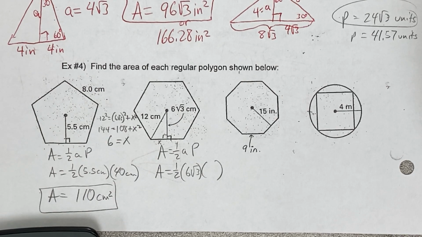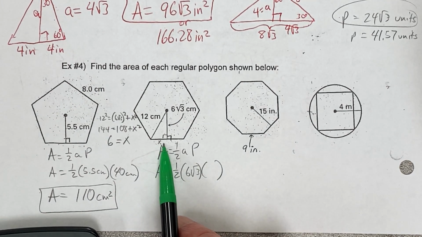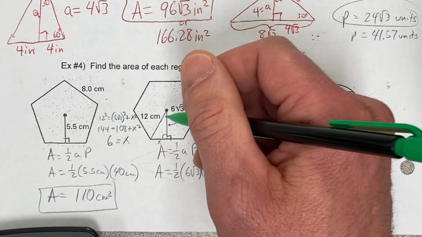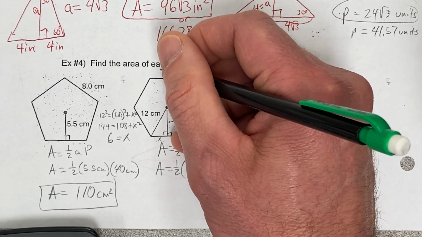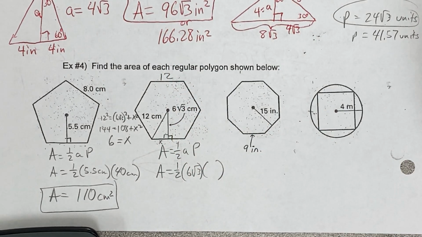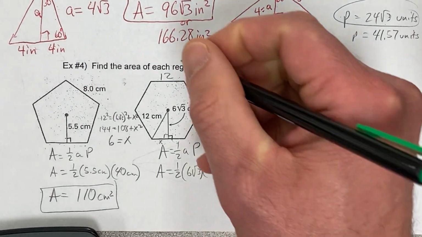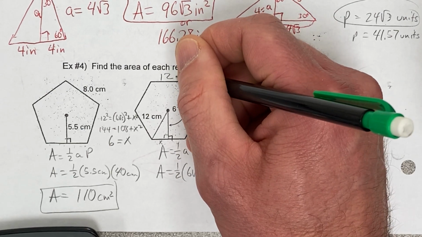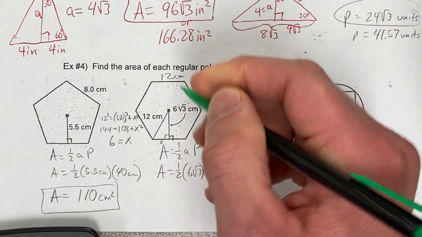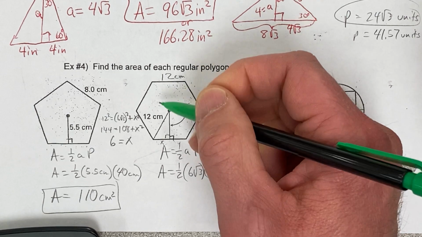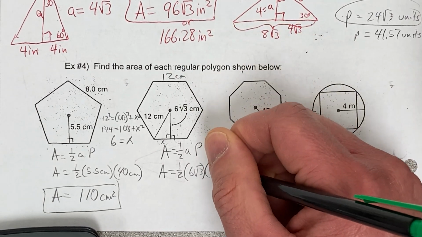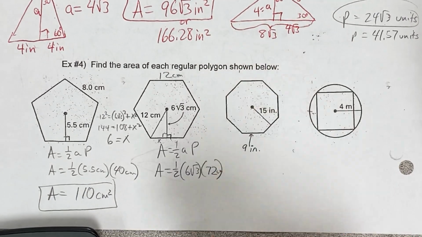Now keep in mind that 6 is just half of a side. So a whole side is going to be 12 centimeters for a whole side times 6 makes 72 centimeters.